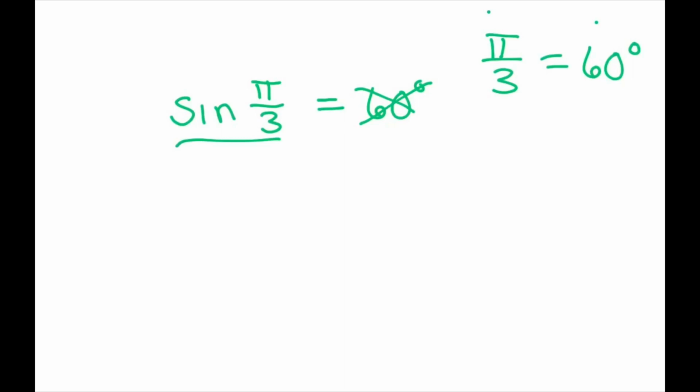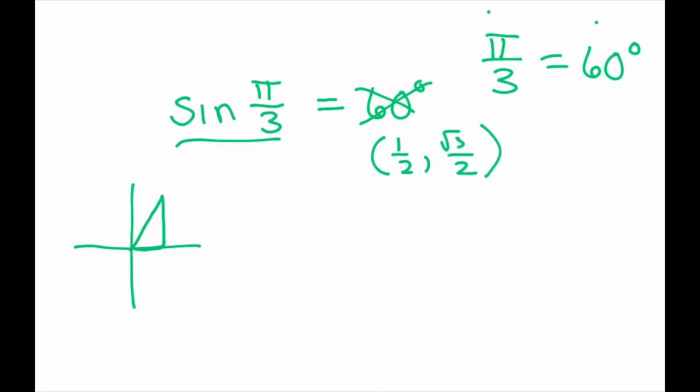We also know that when you do 60 degrees here, see how I'm just drawing a triangle? I know my x is 1/2, and my y is square root of 3 over 2. And what students will do is just write that. Well, that's not the answer. That's just the ordered pair that goes here. So make sure you just pick the y, because we know that sine is your y.